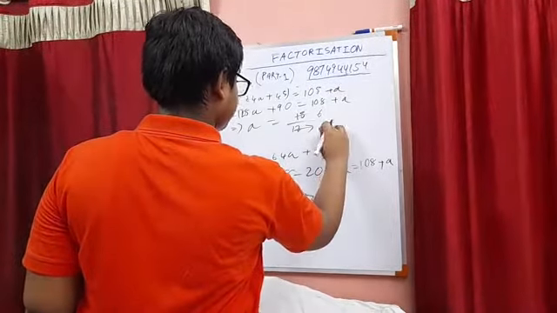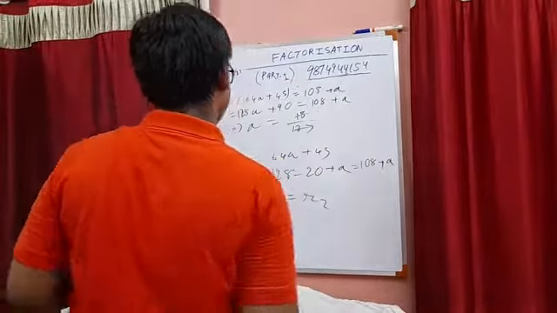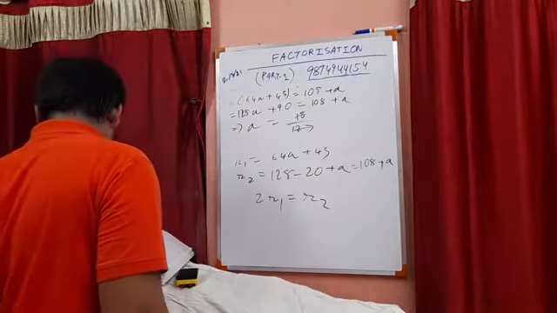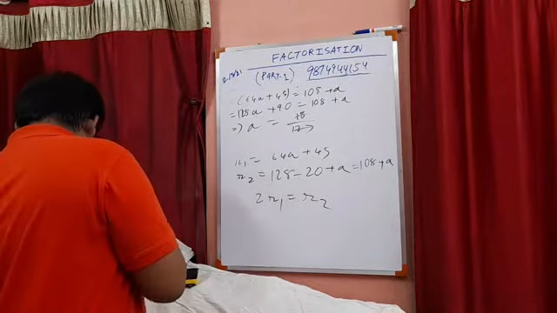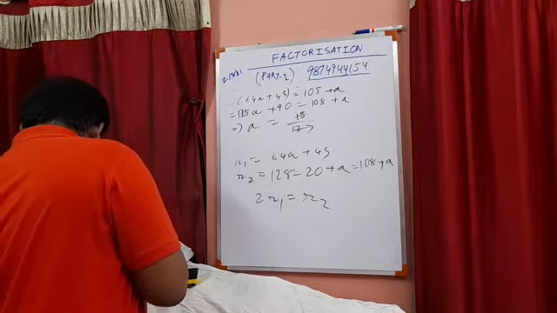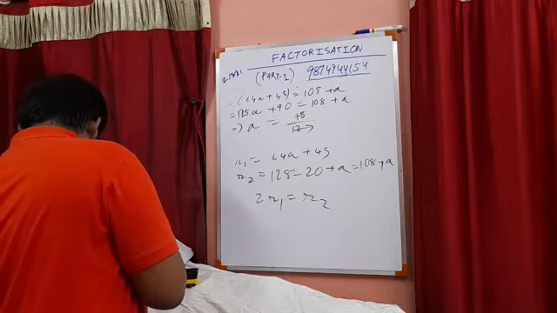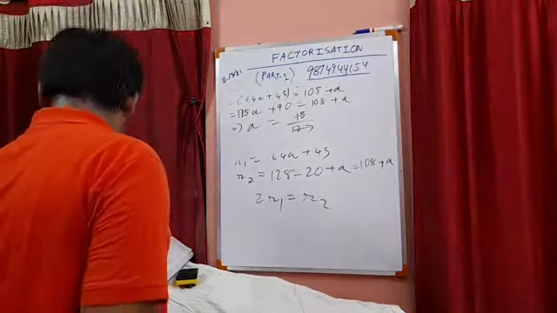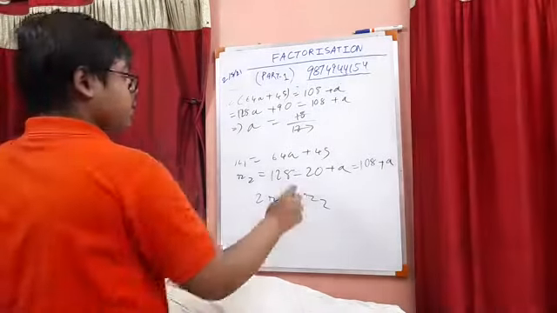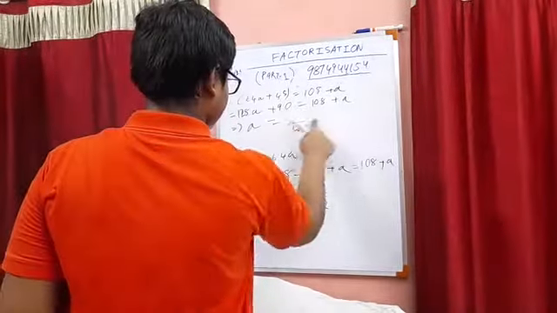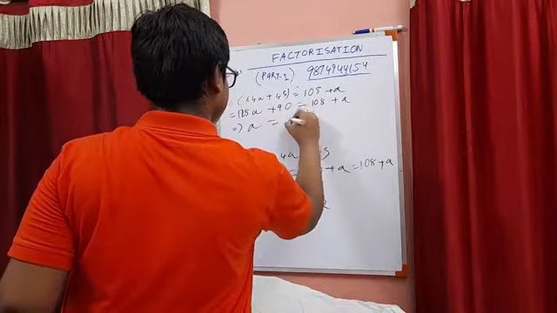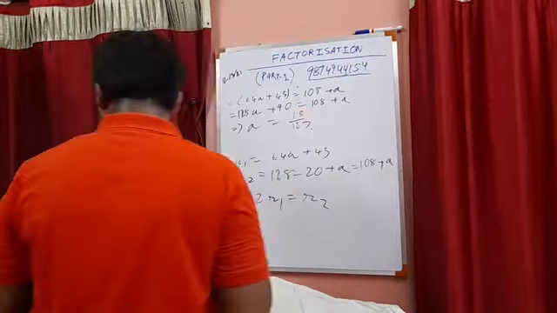So this was the value of a, which will be 18 by 127.